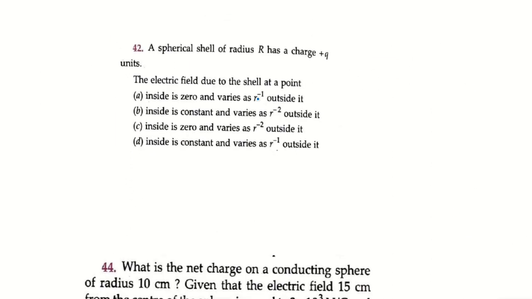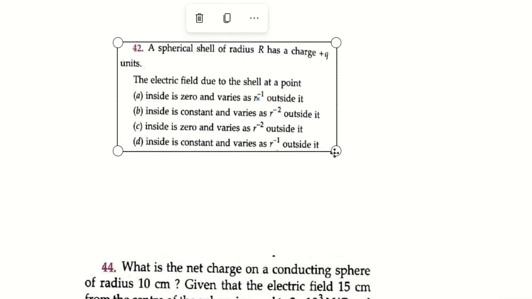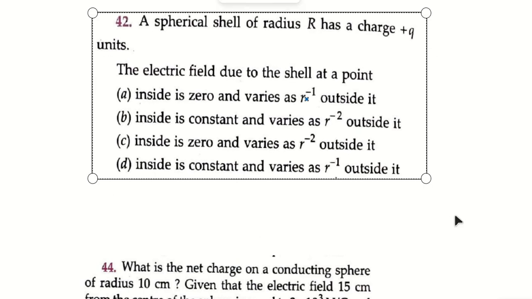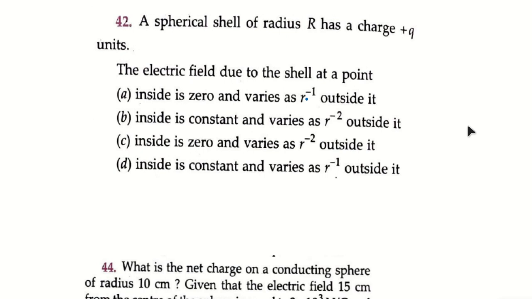And the next one is a spherical shell of radius r that has a charge plus q units. What is the electric field due to the shell at a point? We know the spherical shell with a charge q behaves as if the entire charge is at the center, and it acts like a point charge.